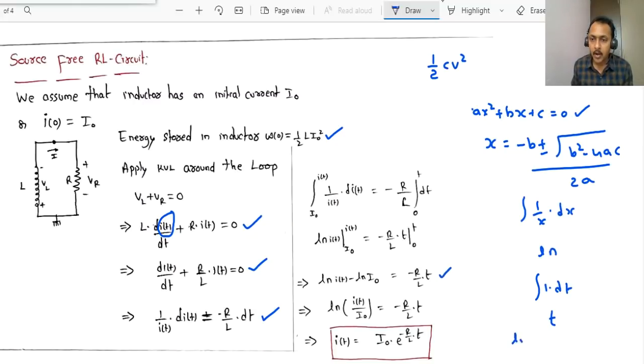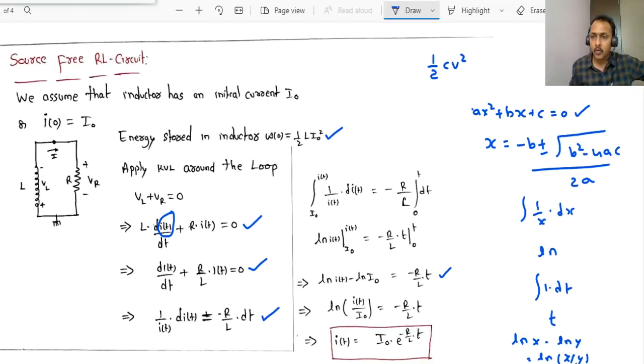Now ln of x minus ln of y is nothing but ln of x by y. We are familiar with this basic, that is what we have written here: ln of x minus ln of y. So ln of I of t by I naught equals e power minus R by L into t.